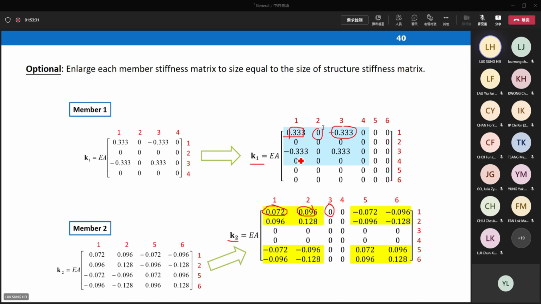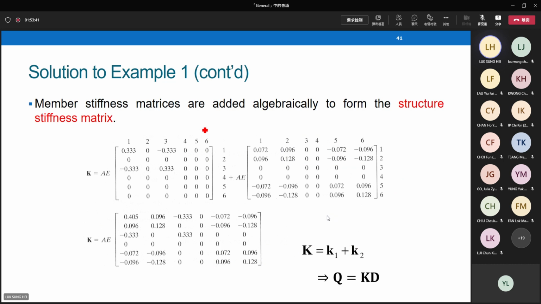If you are using Excel, then you can add up 2 matrices together in Excel if they have the same dimensions. So, take some time to do the additions. Then finally, we get a 6 by 6 structure stiffness matrix. Okay, this is how we get the big K, the 6 by 6 structure stiffness matrix.